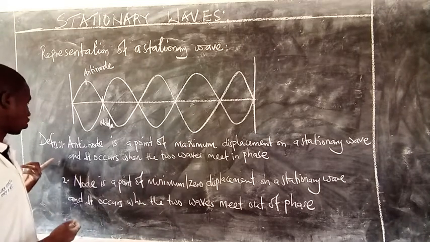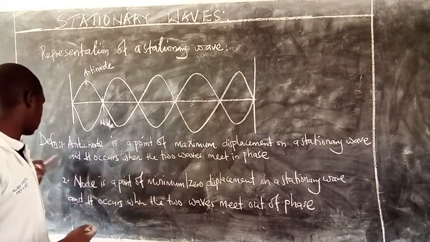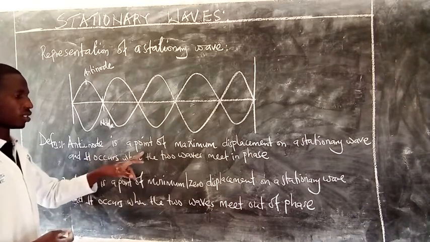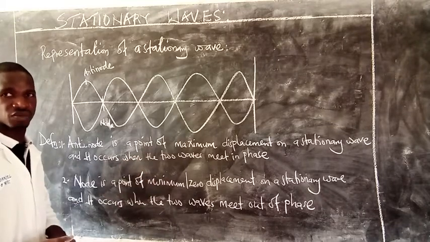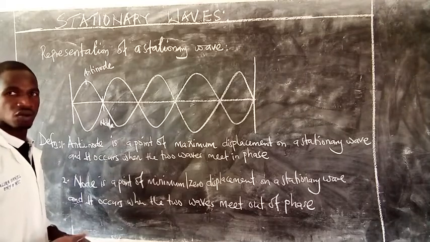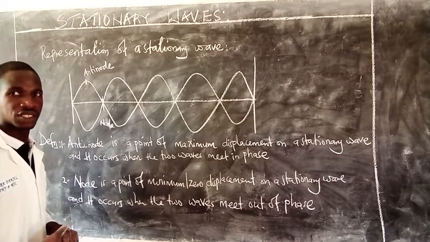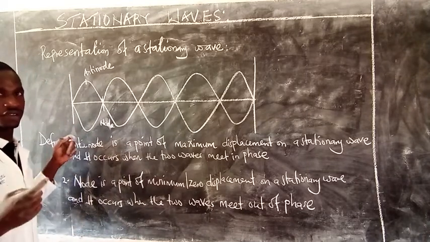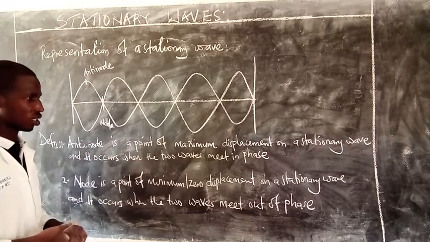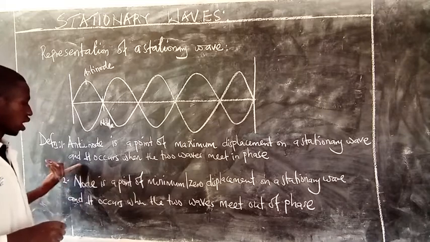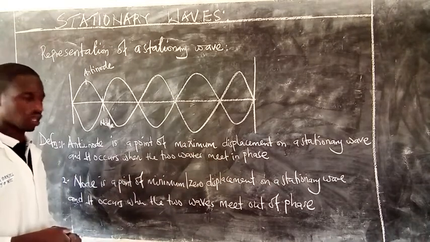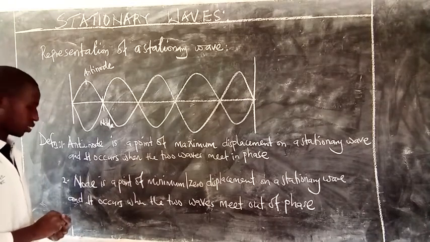If we are to define those antinodes and nodes, by definition, an antinode is a point of maximum displacement on a stationary wave. And when does it occur? I told you, it occurs when two waves meet in phase. So the point of maximum displacement on a stationary wave, which occurs when the two waves meet in phase, is an antinode.